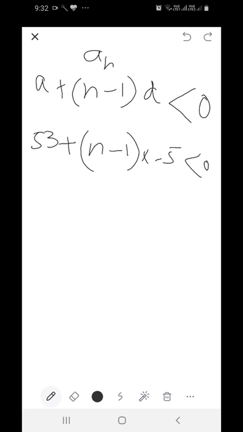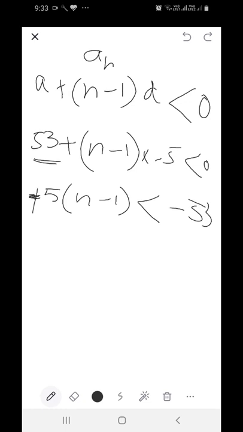Now I am going to take this 53 to the right. So here you will have minus 5 into (n minus 1) is less than minus 53. Then if I want to remove this negative sign from both sides, I think you remember the linear inequations, the sign of inequality will change.